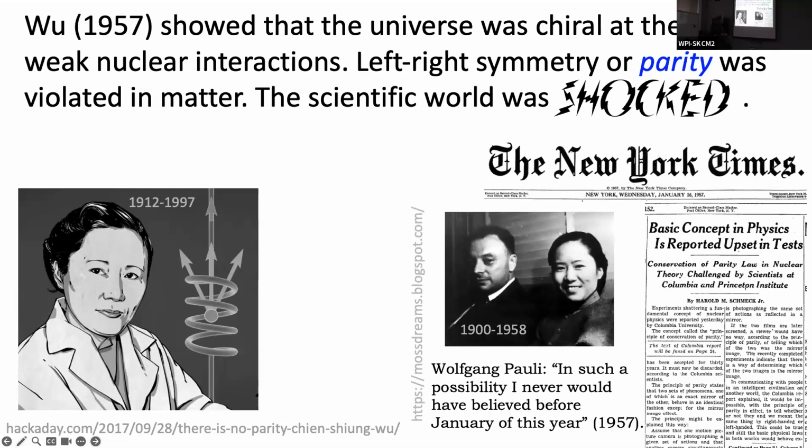Wolfgang Pauli said, in such a possibility, I would never have believed before January of this year. In other words, that there was something intrinsically different about left and right in the world of matter. And here he is with Wu. And here's the article that announced the violation of the law of parity in the New York Times.